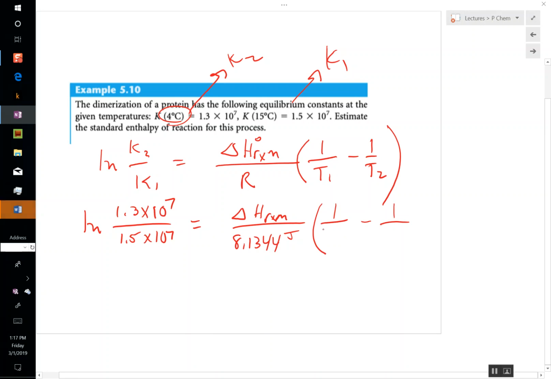But if you do it that way, you end up with 277 K minus 288. But K2 is on top, so you need to flip your temperatures around. Yeah, K2's on top, and K2 corresponds.